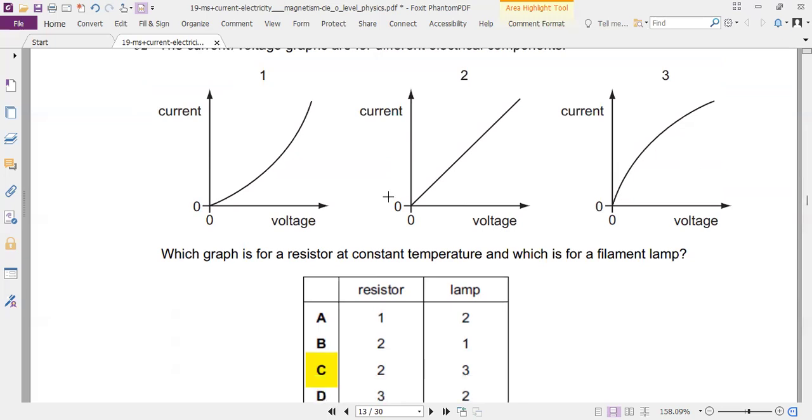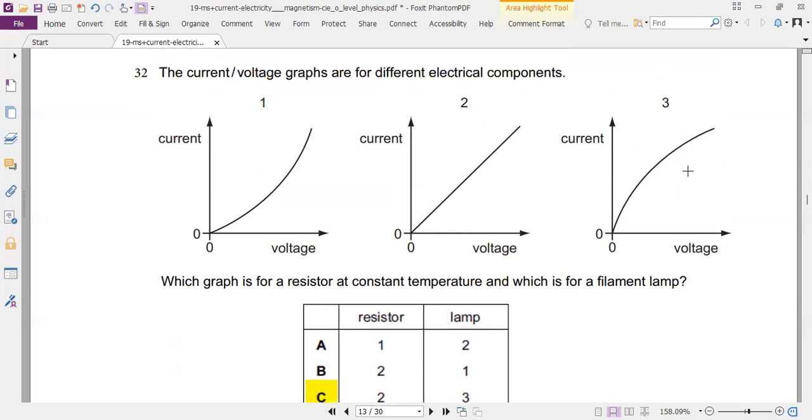Sorry, the filament lamp is not 1, it will be 3. So voltage increased, current does not increase anymore. Whereas in 1, increase in voltage means a lot of increase in current. So that's the other way around. That's wrong. And this one, a steady relationship. The temperature remains constant. This is called an ohmic conductor.